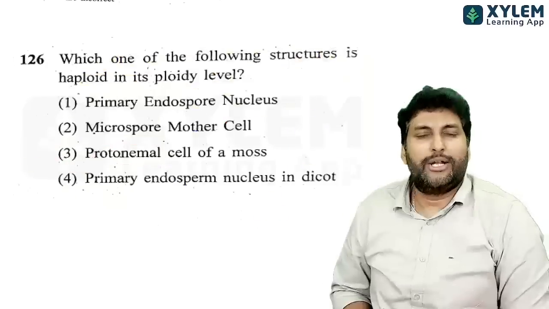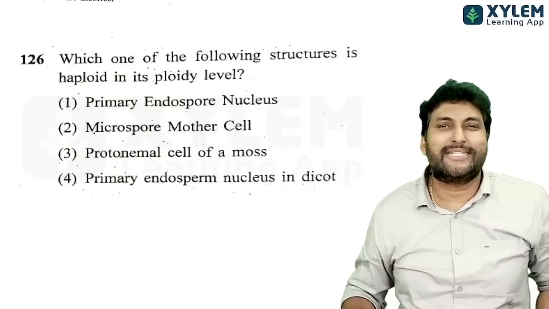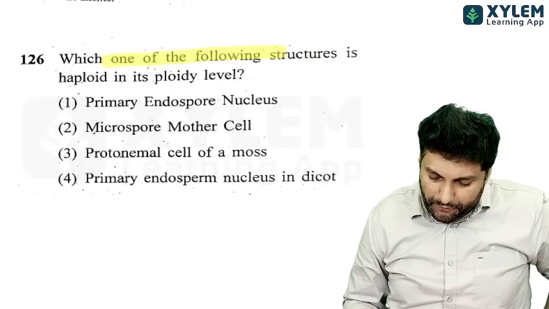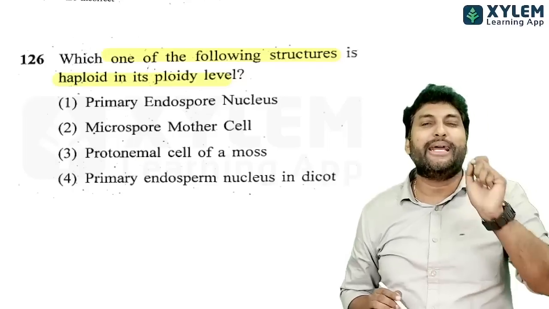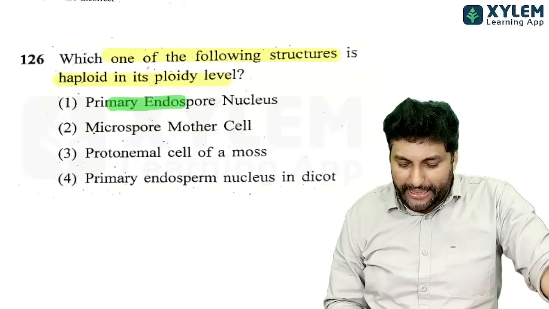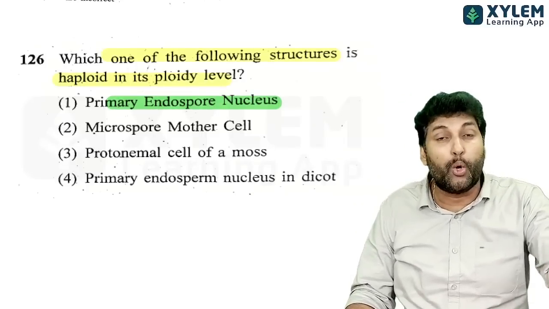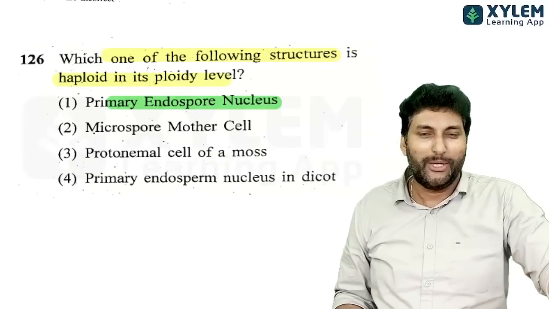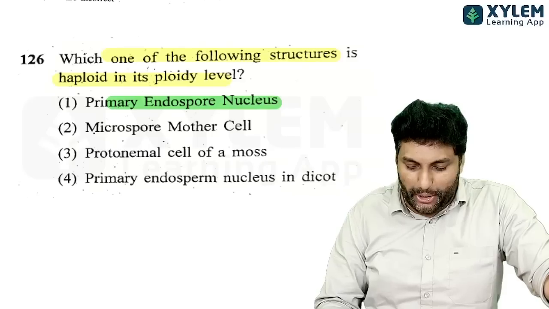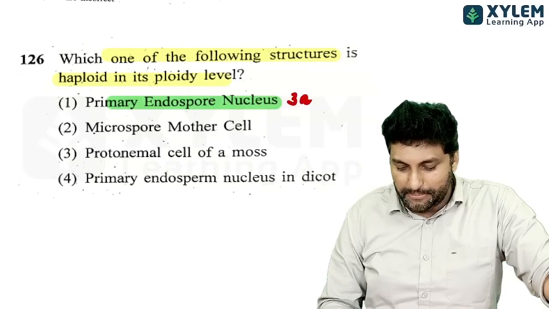Is it okay? So let's continue with the 126th question. Which one of the following structures is haploid in its ploidy level? The first one is primary endosperm nucleus, actually this is triploid, 3n.